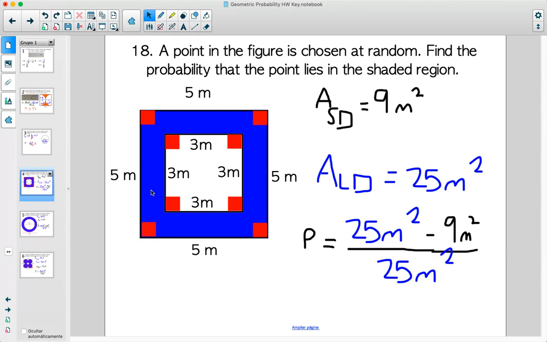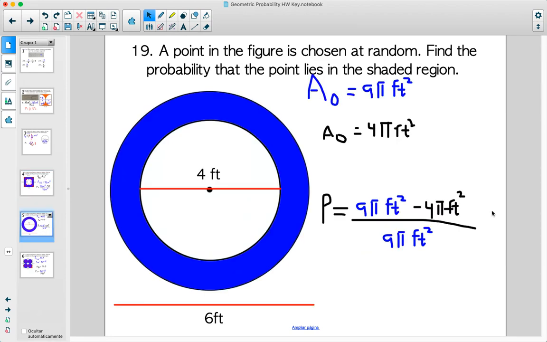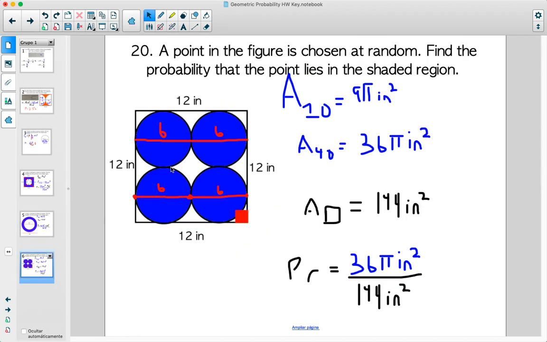That is why in these two, in number 18 and 19, we subtract for the numerator because we are removing a part from the inside. Notice the difference in the last one. Here, we are not removing these circles. So that is why we do not subtract because we want to know the area of the blue shaded region.